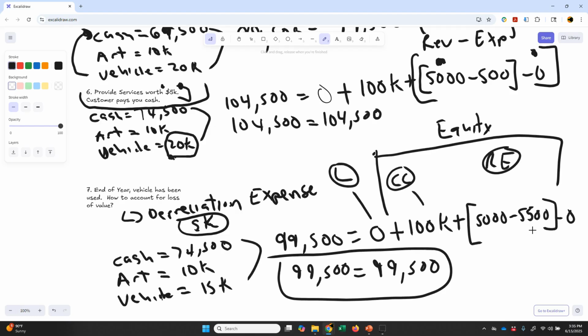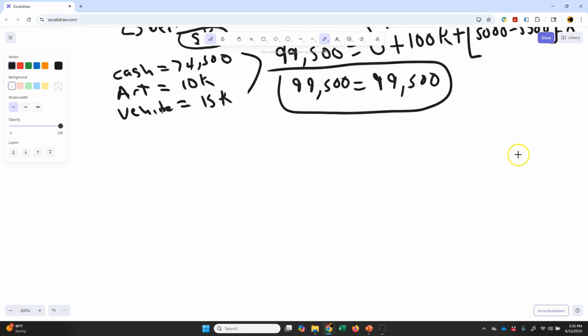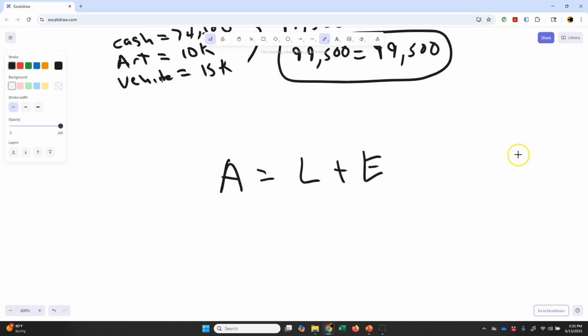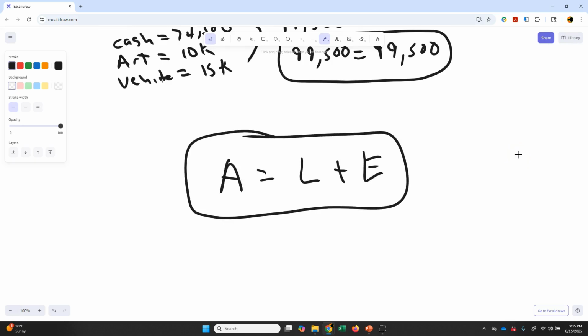And really, at every point in time, this accounting equation of assets equals liabilities plus equity, it's always going to be balanced. Always. Okay, it's always balanced.